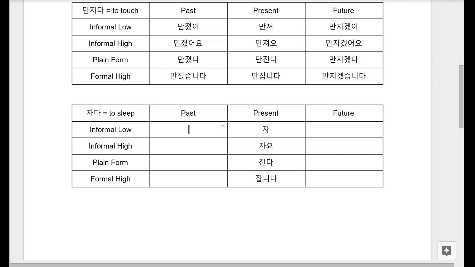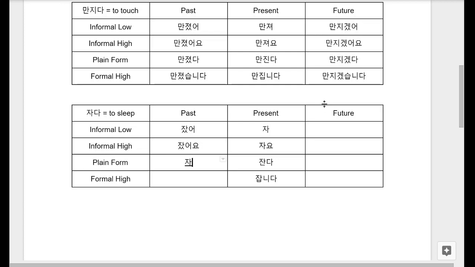And in the past tense, again, I want to have ta, and what's going to be added to it is this, followed by that, and this at and ta can merge to each other, so it's not going to be ta asso, but actually just 잤어. The informal high would be the exact same, but with yo at the end.